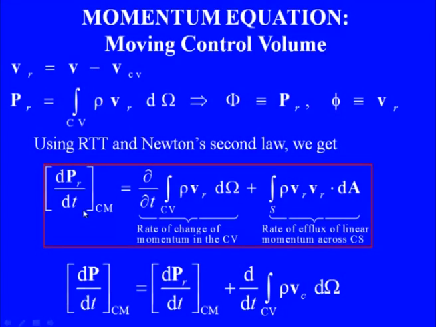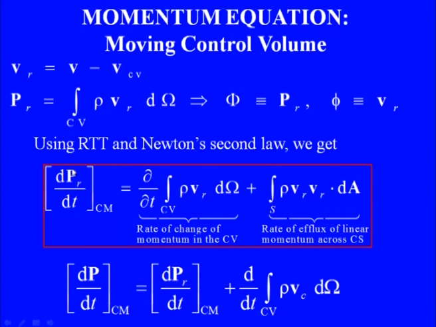Using RTT we get dPr by dt, the time derivative of this relative momentum for a control mass system, equal to del by del t of rho Vr d omega integrated over the control volume, which gives us the rate of change of momentum in the control volume, plus the surface integral of rho Vr dot dA, which gives us the rate of efflux of momentum across the control surface.